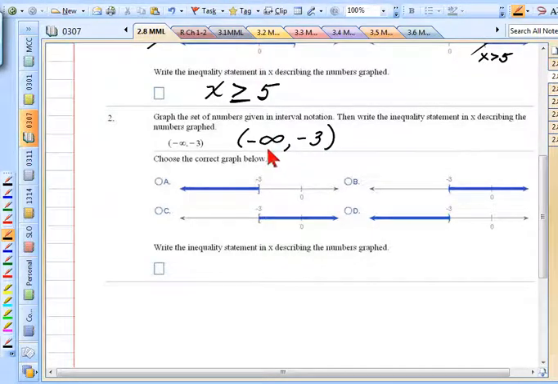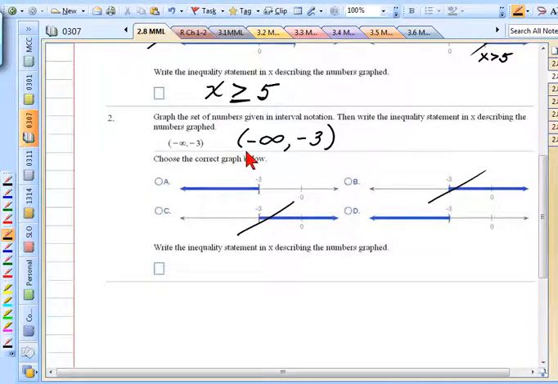On the left, it is at negative infinity, and it's coming to -3. So will this arrow be going to the left or to the right? To the left. Negative infinity is to the left, which means that A is a possibility, and D is a possibility. This one is not, and this one is not, because they're going the wrong way.